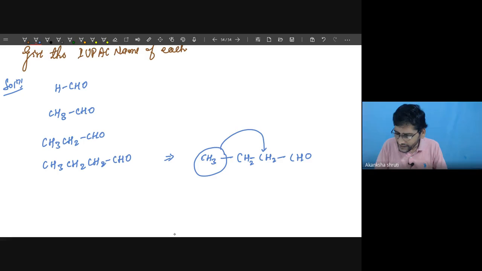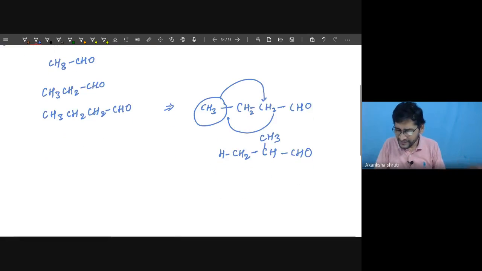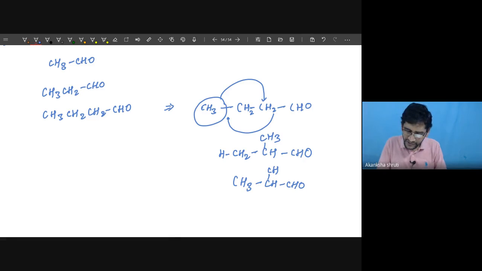For making the bond here, one of the hydrogens has to be placed here. So the structure becomes CH3, CH, CHO, CH3. It is one way one can think of making the isomerism here.